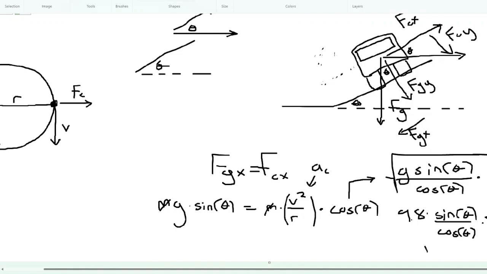The velocity needed is going to be equal to 13.8896. Let's round that to 13.89 meters per second. That's the velocity required.